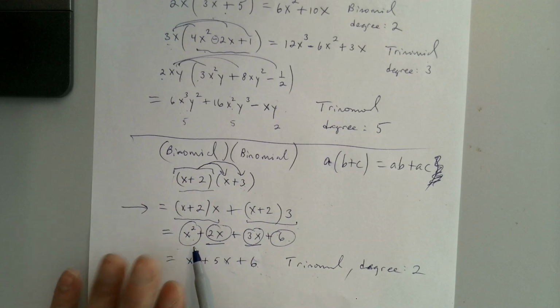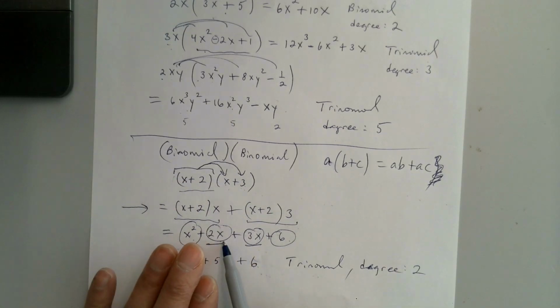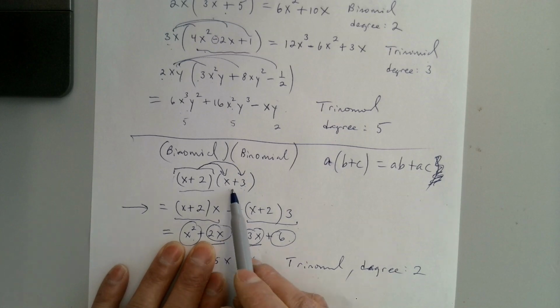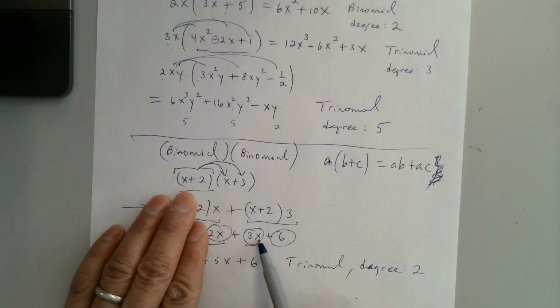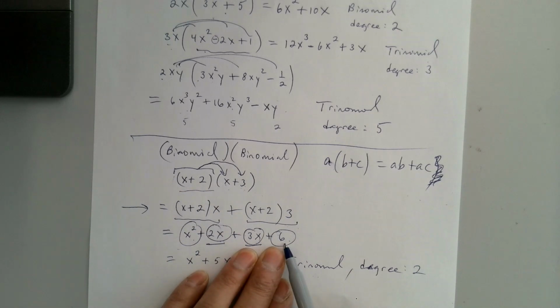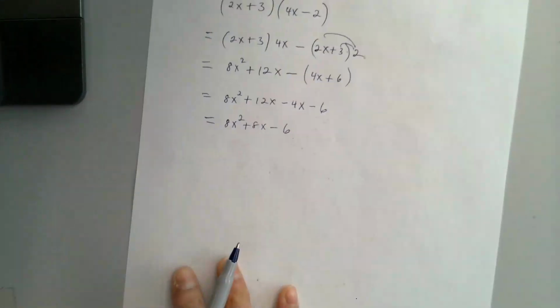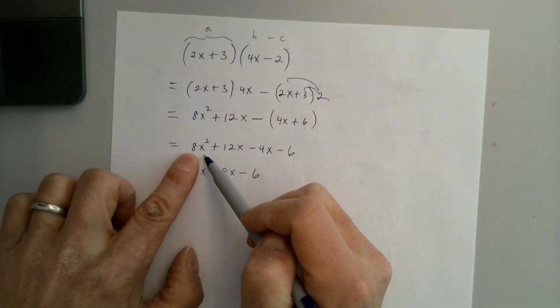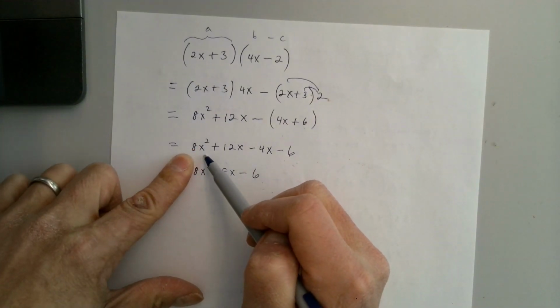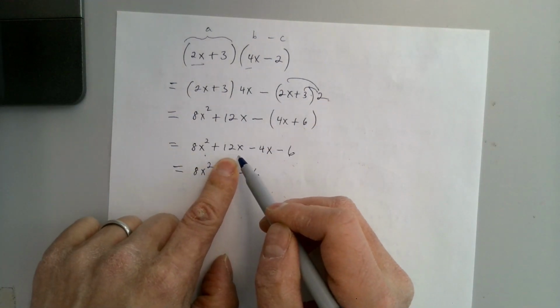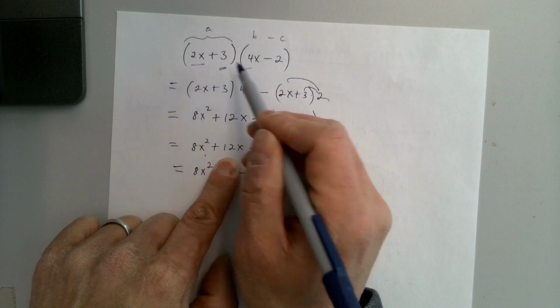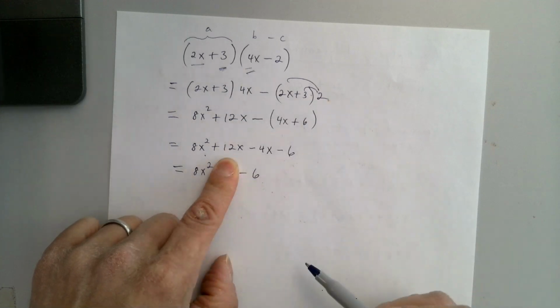This is x from the first one, x from the second one. This is 2 from the first parentheses and the x from the second. This is the 3 from the second parentheses and the x from the first. And this is the 2 from the first parentheses and the 3 from the second. The same thing happened here. 8x squared is the product of 2x and 4x. 12x is the product of 3 and 4x.